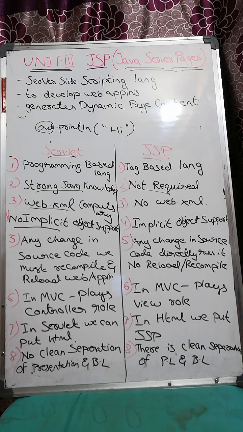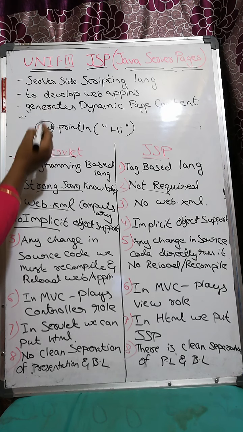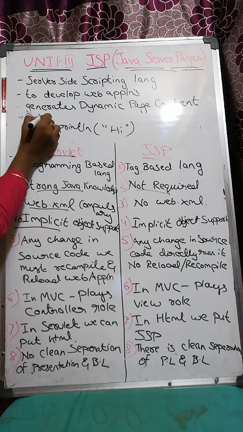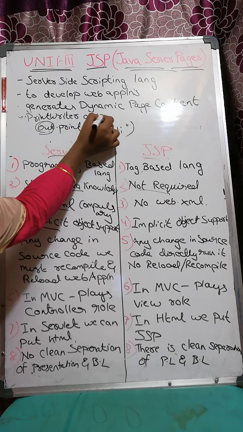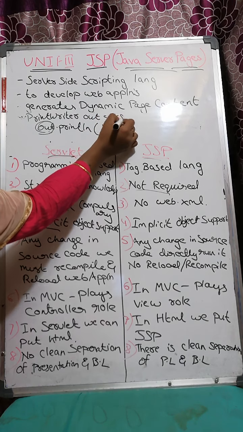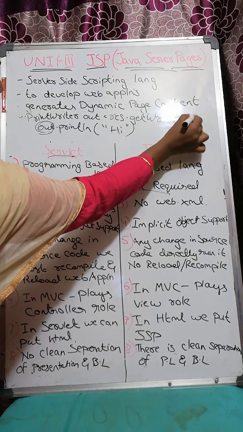So in servlet, the two categories implicit and explicit are not there. All the objects are explicit only. I have to create each and every object. For example, here out.println, out is a PrintWriter object. First I have to take the help of the PrintWriter class. PrintWriter out is equal to response.getWriter.